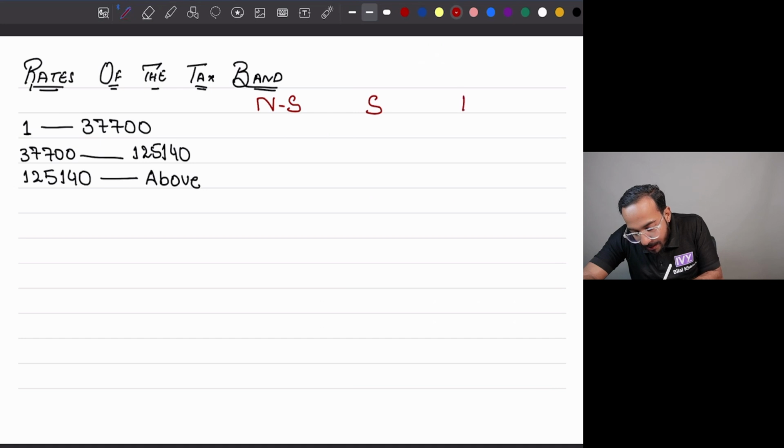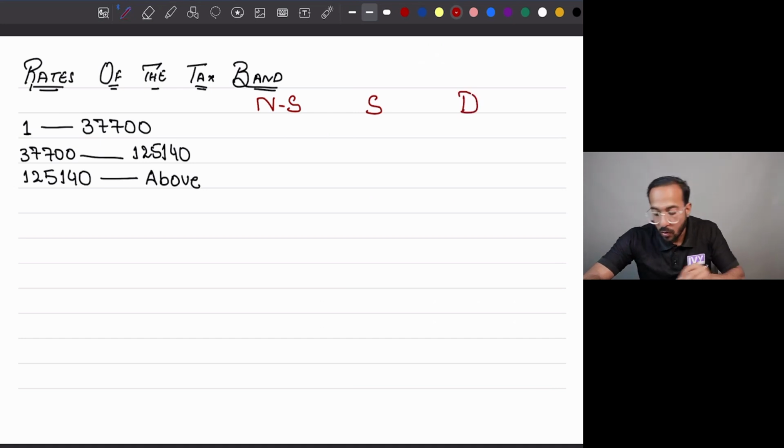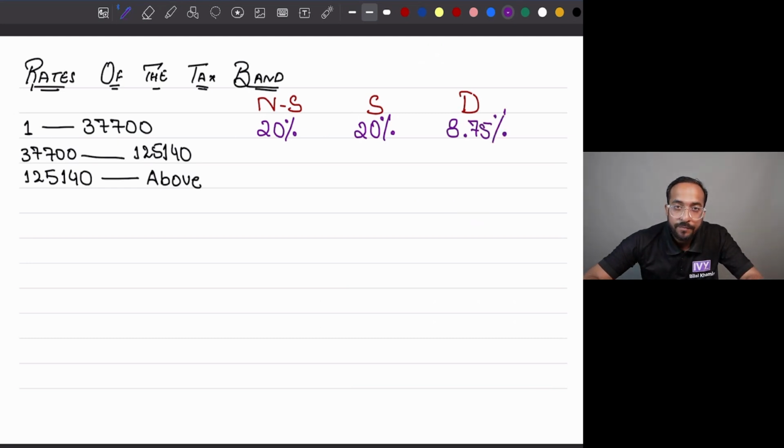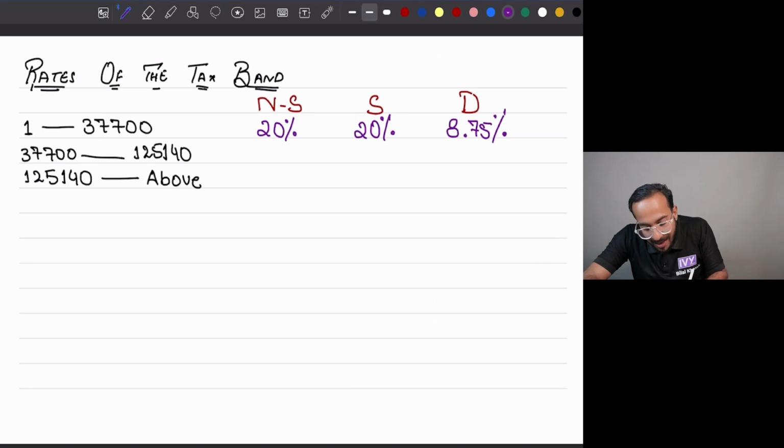Saving income and the dividend income. Now see the tax rate. If you are a basic rate taxpayer, your non-saving income will be taxed at 20%, your saving income will be taxed at 20%, and your dividend income will be taxed at 8.75%. Got it?